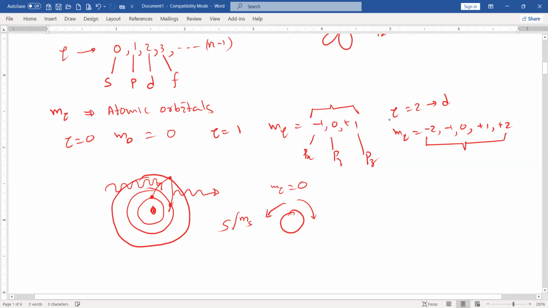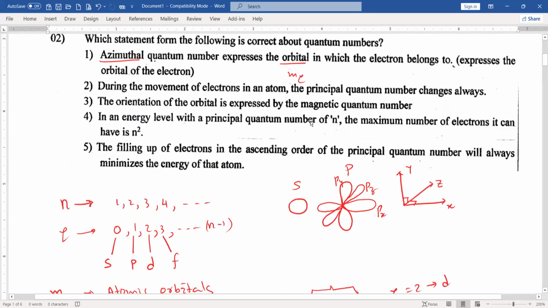That is the spin quantum number, plus half or minus half. Sometimes this may interchange, but they have some definite value. If an electron has minus half, it always has minus half. It doesn't change. Therefore, during the movement of an electron, the principal quantum number will not change. The principal quantum number will change only when the electrons are transferred from one energy level to another.